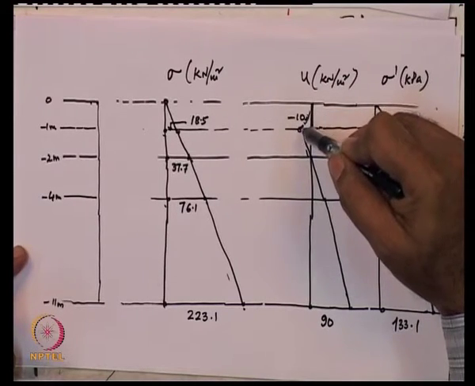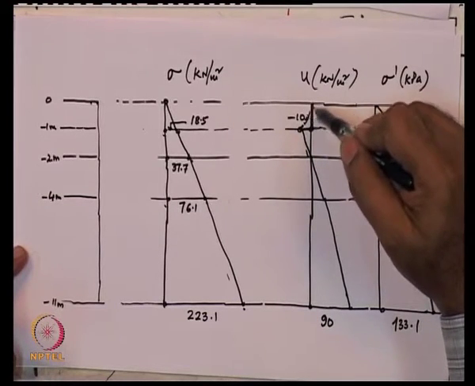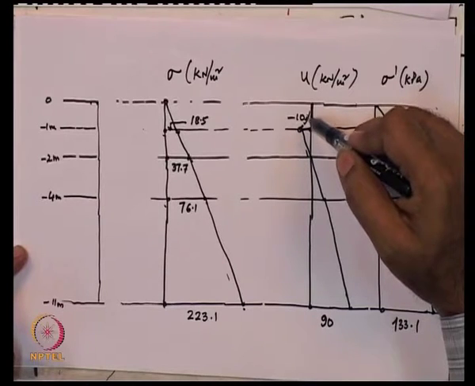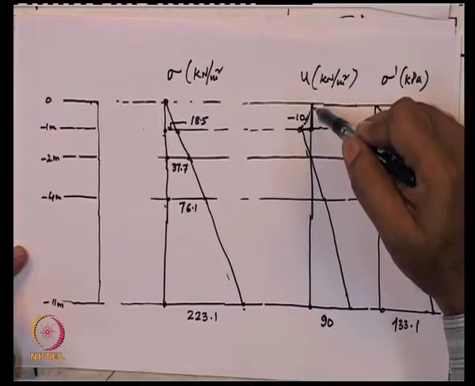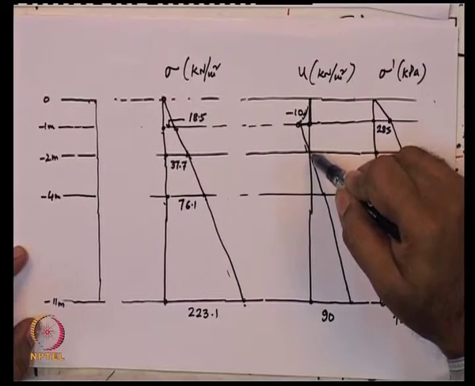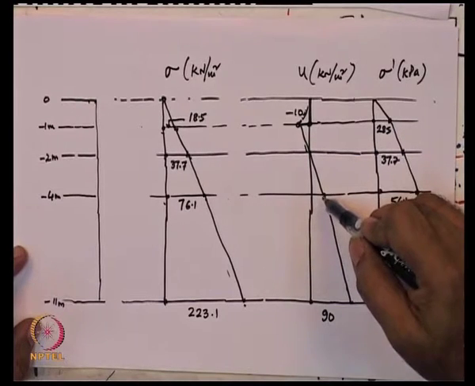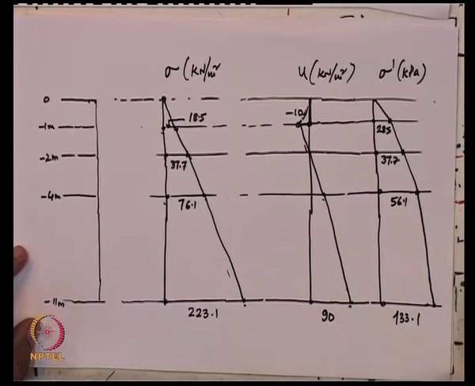That means that here the soil tends to be in the partially saturated state. Depending upon the degree of saturation, the soil has a decrease in the pore water pressure. And here we have 0, and then here it is 20, and here the pore water pressure is 90 kilopascals.